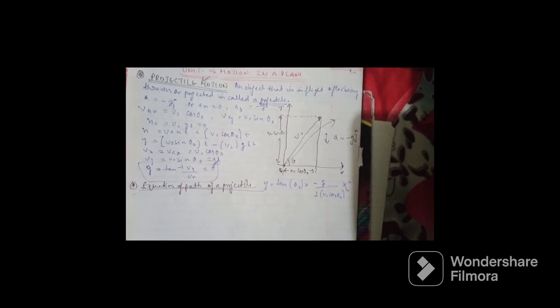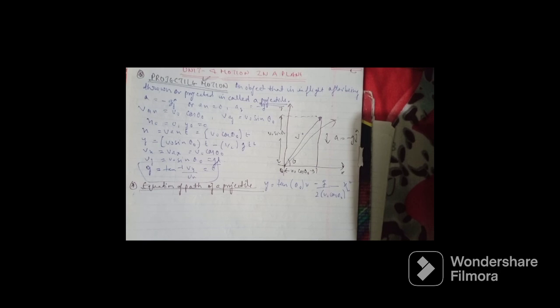Now since g, theta naught and v naught are constant, this is of the form y equals ax plus bx square, in which a and b are constants. So this is the equation of a parabola, that is, the path of a projectile is a parabola. The details about the parabola you have discussed in mathematics if you are from that background, and if you're not, you can just tell me in the comment section. I will surely help you out.